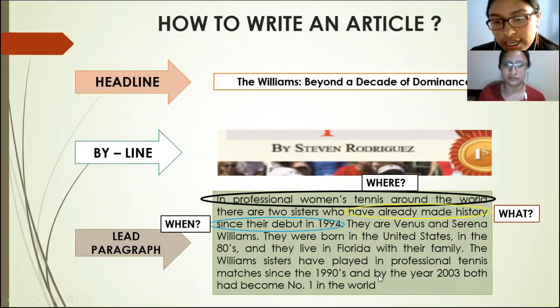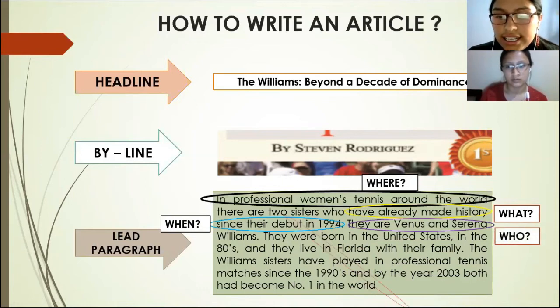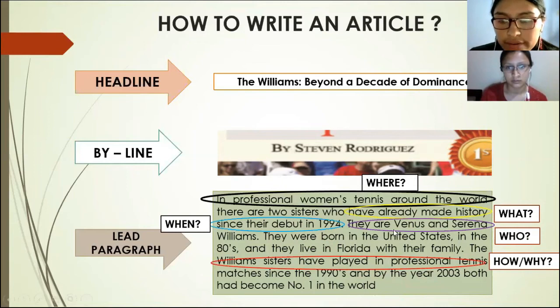Also, in the other lines, we have years, but if it says debut and since, we're going to know that it is the time when the women started. Then we have "Venus and Serena." As you remember, it was who, right? And the last one, we have "Williams sisters have played in professional tennis." And as it is the last one, it is how or why.